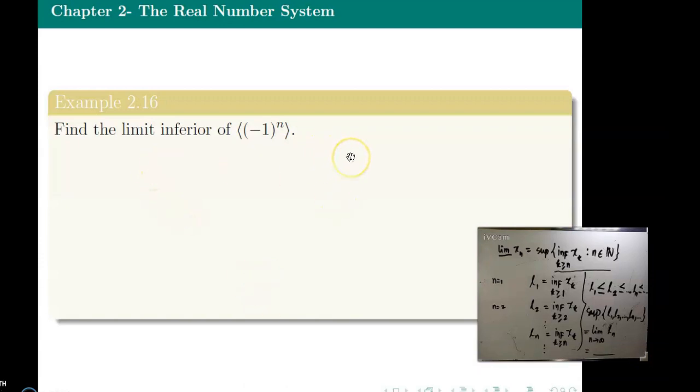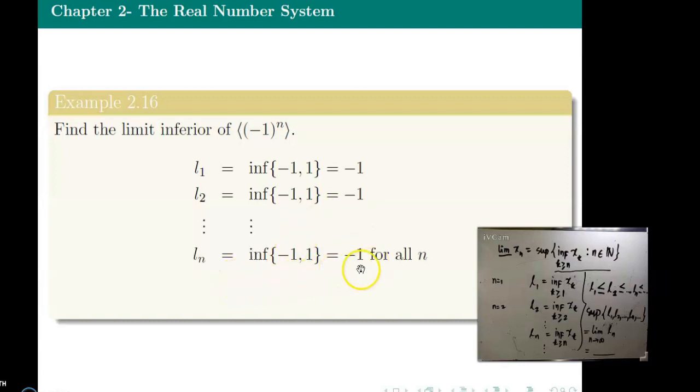To find the limit inferior of this sequence, again the same sequence, let's try to find L sub 1. Of course, the infimum, the smallest, is -1. We have another one, which is still -1 because there are infinitely many terms of -1. Then -1 up to L sub n, still -1 for all n.